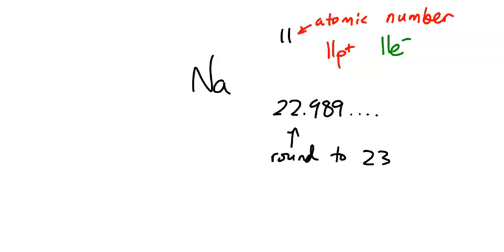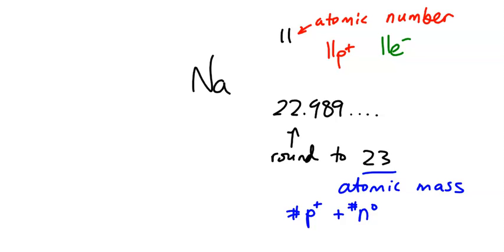Now electrons are really, really lightweight, so they don't contribute to the atomic mass, and that's this number here. What gives an atom its mass is its protons plus the number of neutrons.